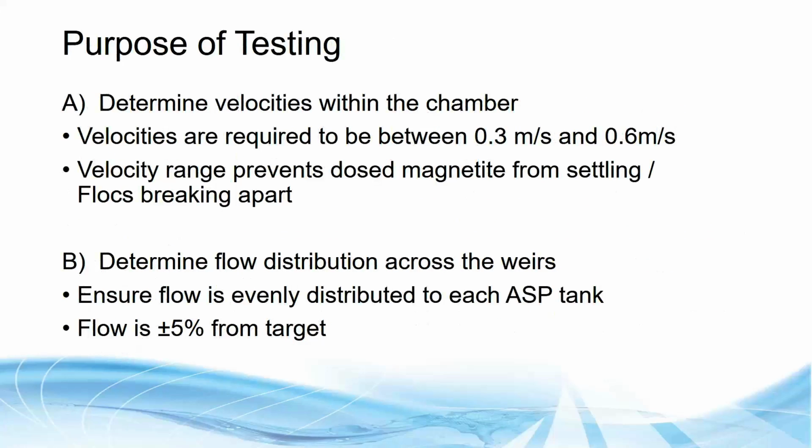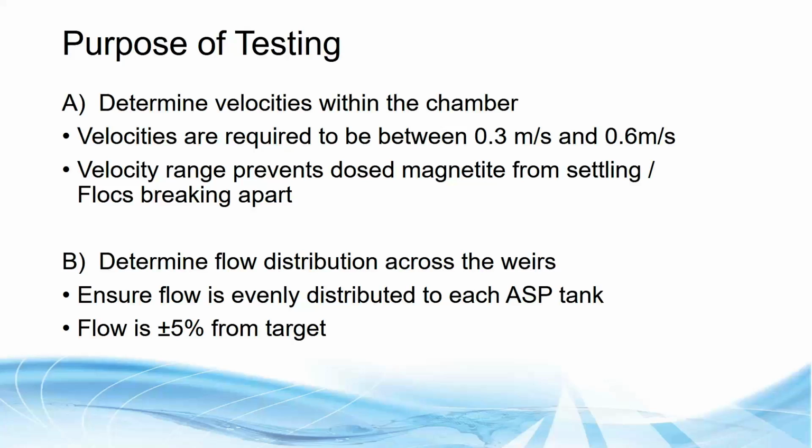So the two primary areas they were concerned with are velocities within the chamber. This is because the phase of the treatment that they were concerned about is the process of the flocculator, where water is dosed with magnetite and then flocks form, which is an exceptionally useful process for eliminating particulate matter from the water itself.